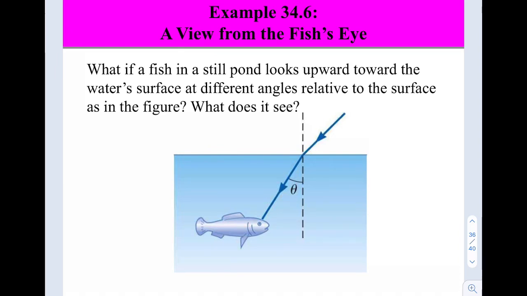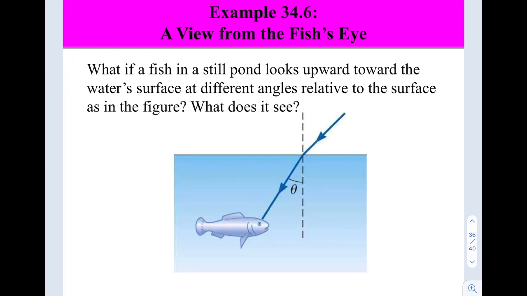Therefore, when the fish's line of vision makes an angle of theta equal to 40, for example, with the normal to the surface, light from above the water reaches the fish's eyes. At 48.8 degrees, which is theta c, the critical angle of the water, the light has to skim along the water surface before being refracted to the fish's eyes.